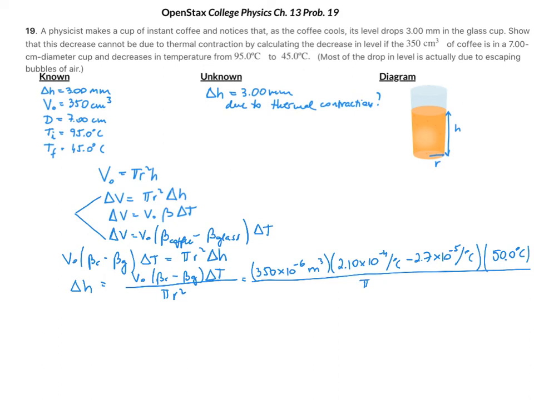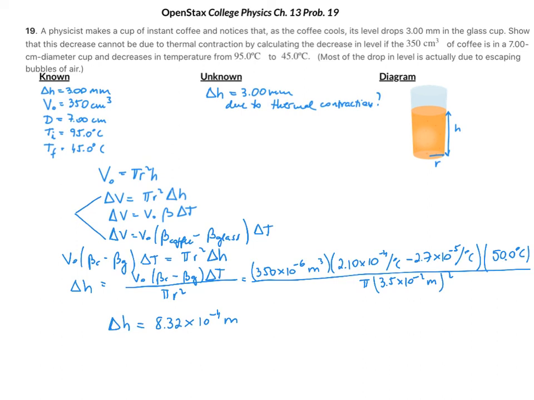We know the diameter, so the radius will be 3.5 times 10 to the negative 2 meters, and I have to square this. When we plug all these numbers into our calculator, we end up with 8.32 times 10 to the negative fourth meters for the height difference.